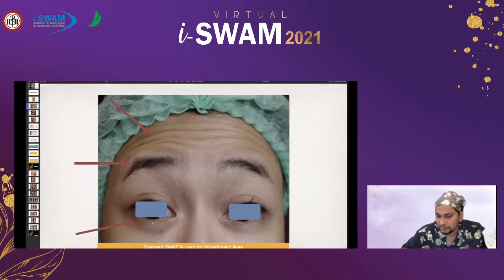That muscle can be reduced in thickness using botulinum toxin also. So in this example, we already know how botulinum toxin works: not only to reduce the wrinkle lines, but also to balance or adjust the eyebrow level, and also make some muscles thinner.